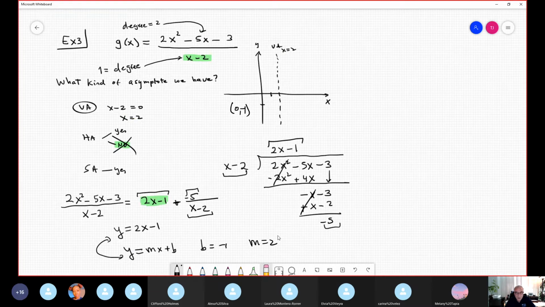Therefore, it's up and right. Boom. And you determine the slant asymptote graph. This is the slant line, and this equation is x equal to 2. In this problem, we have two kinds of asymptote: we have vertical asymptote and we have slant. I suppose not bad, eh?